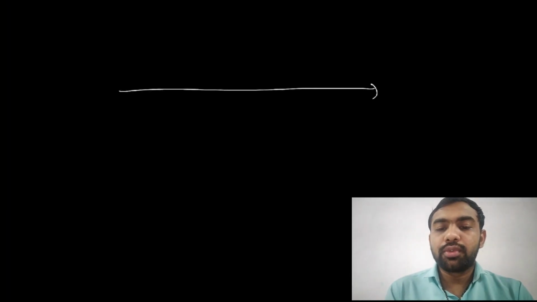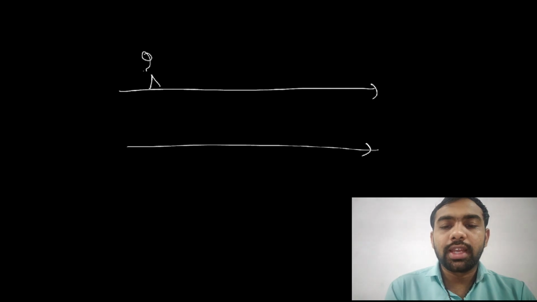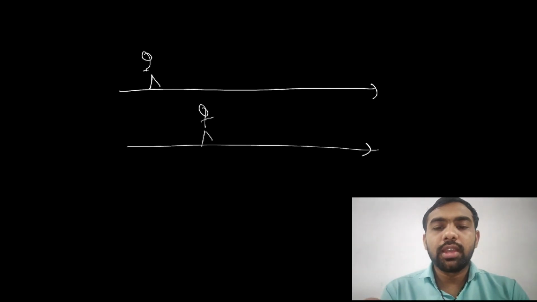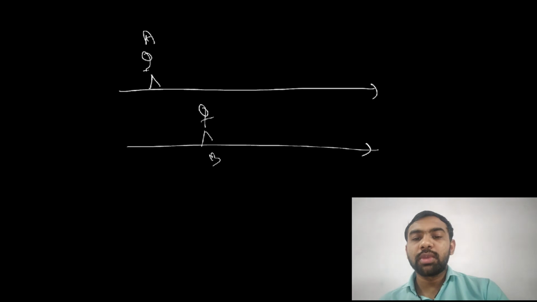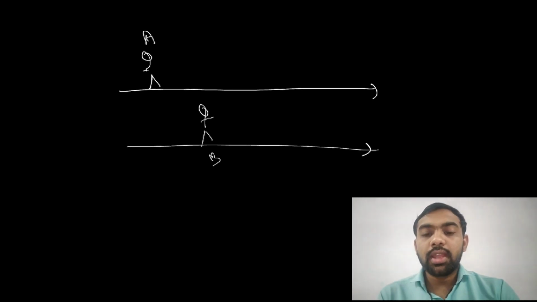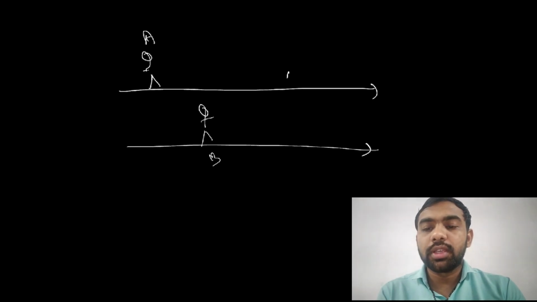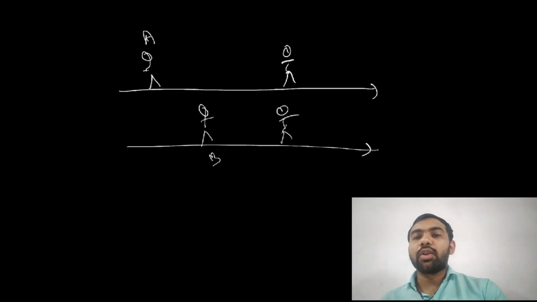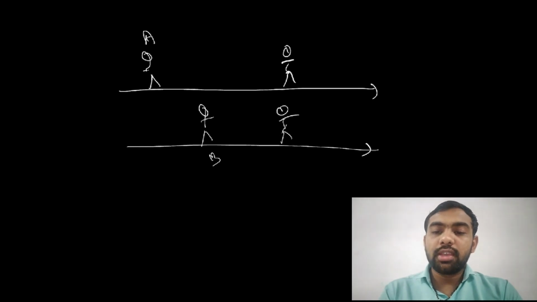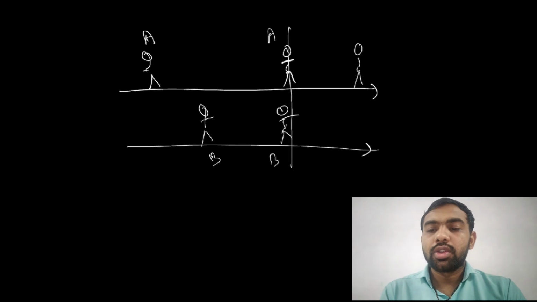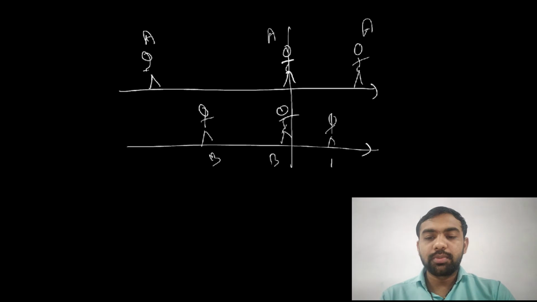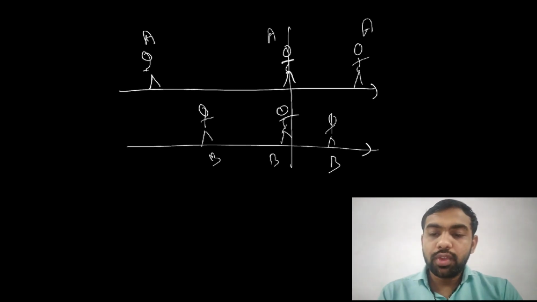See, if two men are moving like this, man A and man B, so man A overtakes man B. It means when man A overtakes B, both are at the same position first, A and B. After this condition A overtakes the B. So we have two analysis of this situation.